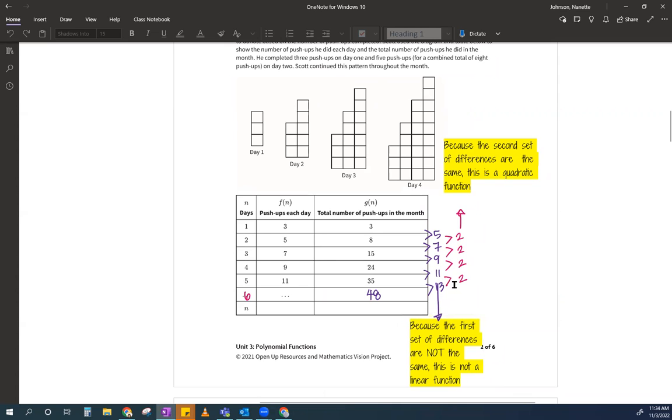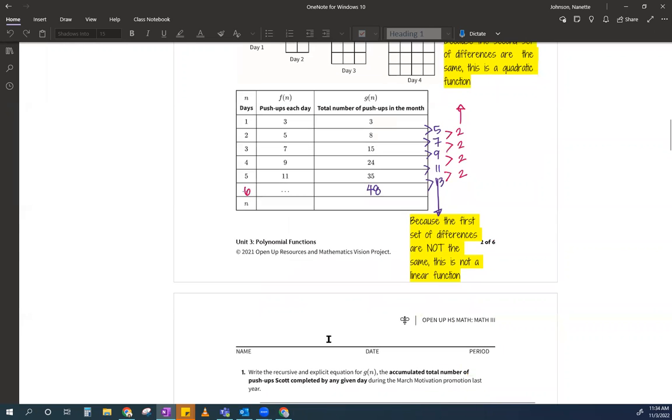And because the second set of differences, 2, 2, 2, 2, 2, were the same exact numbers, that qualified it to be a quadratic function, okay? So if now I want to write out what my quadratic function would actually be, then I can start working on that. So, let's move on to this next part.